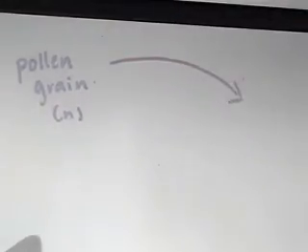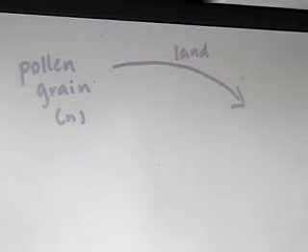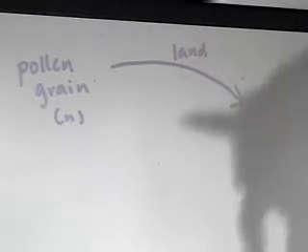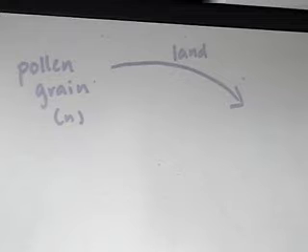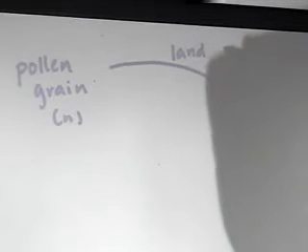The pollen grain is already haploid. Right? It's N. When it gets transferred onto the stigma, for whatever reason, it could be a bee that takes it there, it could be the wind that blows it there, lots of different ways pollination happens. It could just fall on there. A plant can actually self-pollinate, the pollen from its anther can drop onto its stigma.